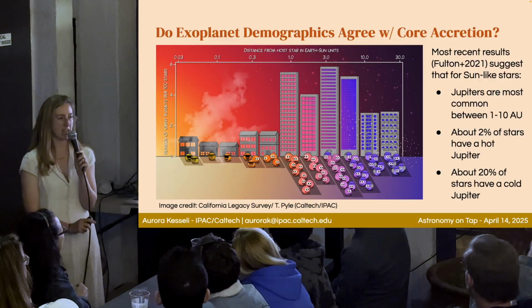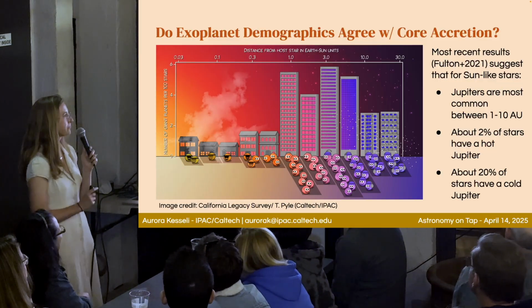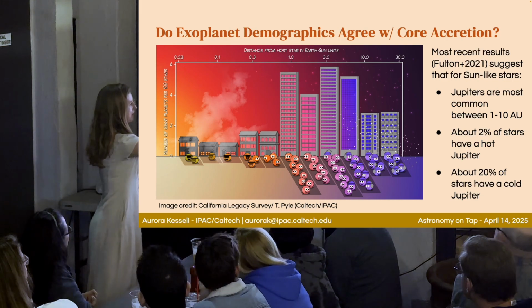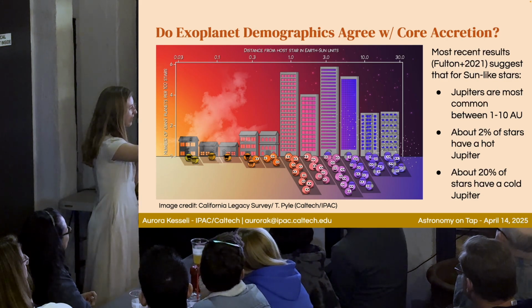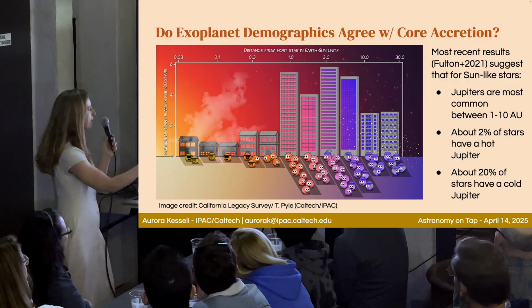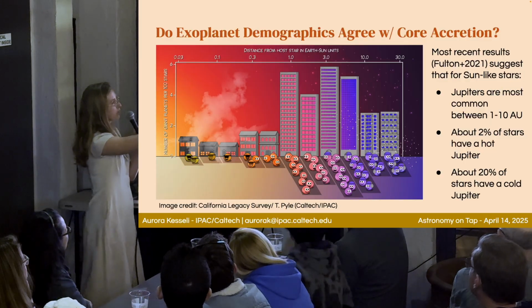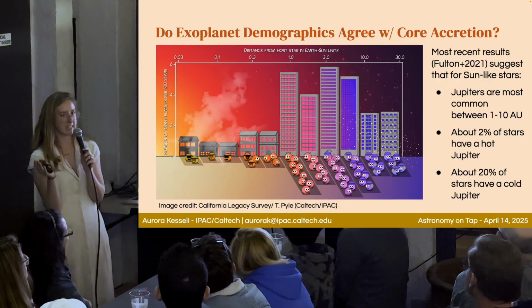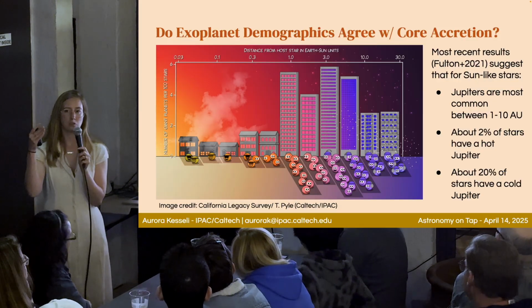This study was led by a bunch of people at Caltech. And what they found, so here we have some bins of different orbital periods and the number of planets that they found per star, is that between 1 and 10 AU, I forgot to say this, an AU is an astronomical unit, and it's the distance from Earth to the sun.